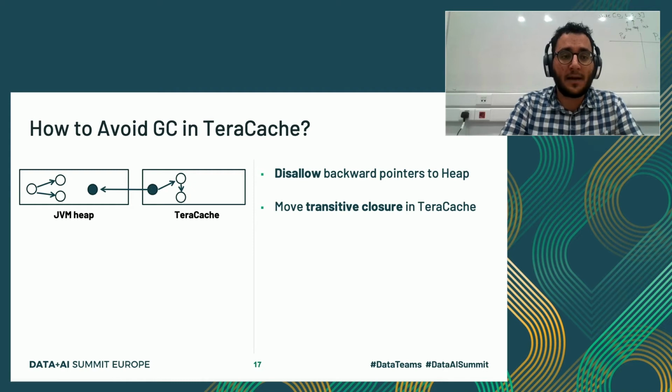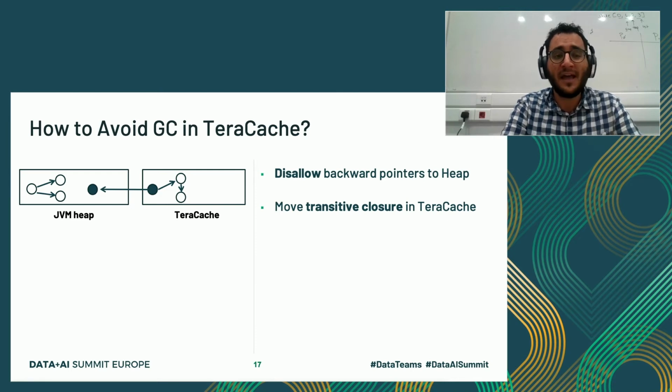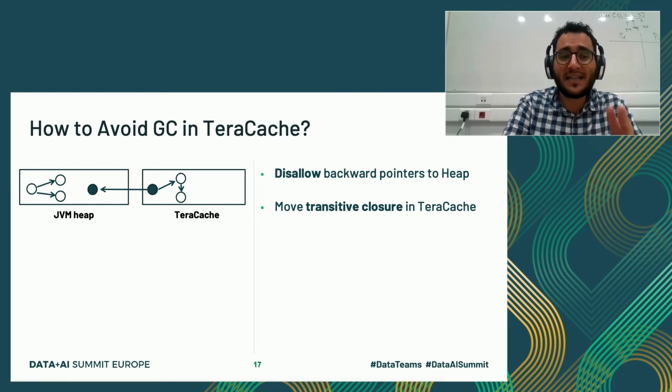Let's see an example, as shown in the figure. We have the JVM heap that has some objects, and we have the TeraCache that locates some other objects. If we have an object from the TeraCache heap that points to an object in the JVM heap, then we might have two bad scenarios.